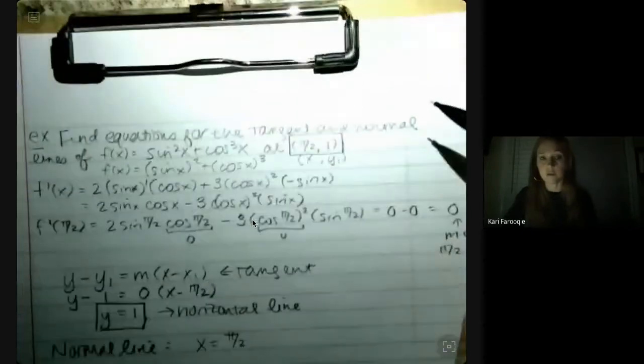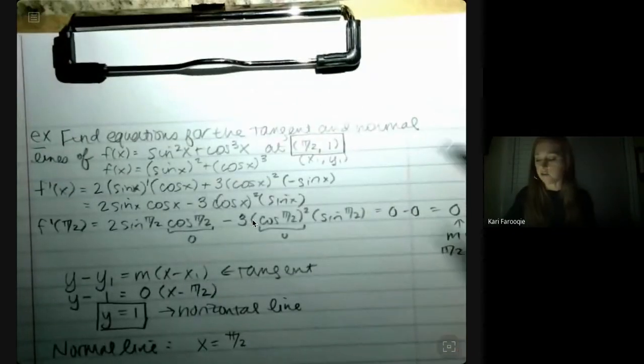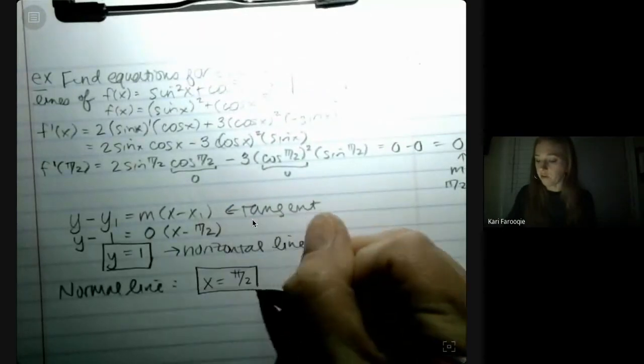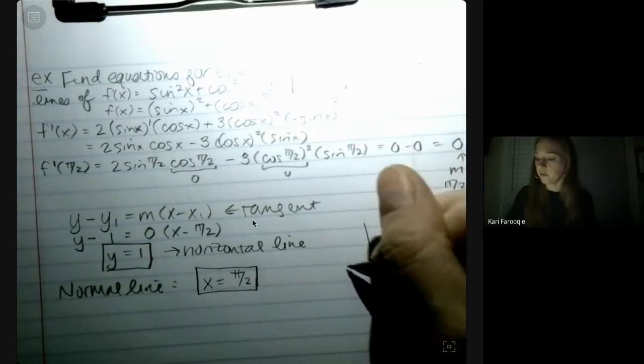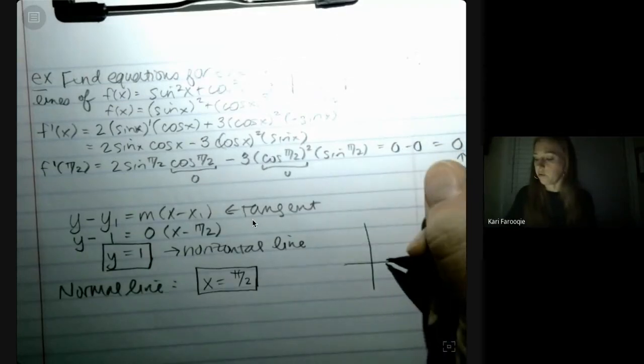The reason is, you're looking at what's happening at this point. At this point, y is 1 all the time, and x is going to be pi over 2. You know that the slope is undefined. An undefined slope has a vertical line. So you've got something happening here at pi over 2, 1, who knows what's happening with the graph.